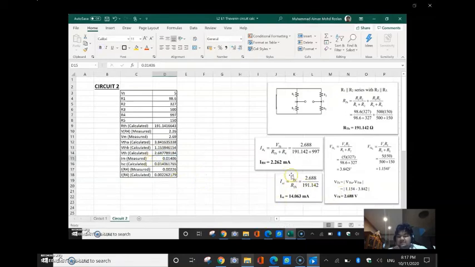And then we will be calculating ISC, which is the short circuit current.